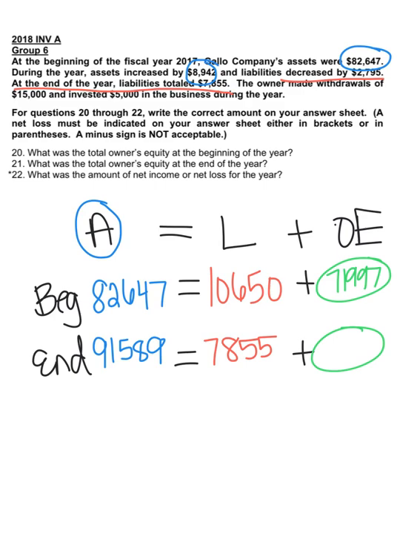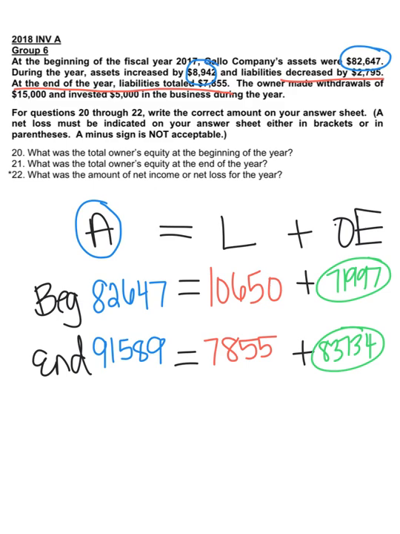Now let's do the same thing for the end of the year. I'm going to take my ending assets, 91,589, and subtract my ending liabilities of 7,855, and I would get 83,734. Okay, so we've already answered two of these questions.